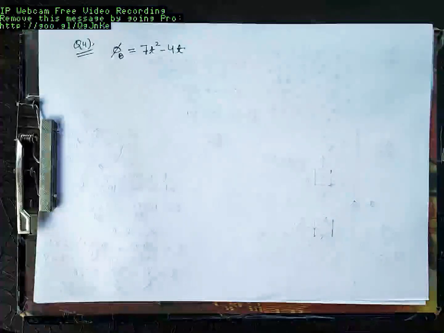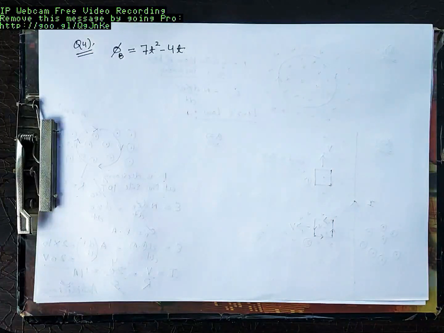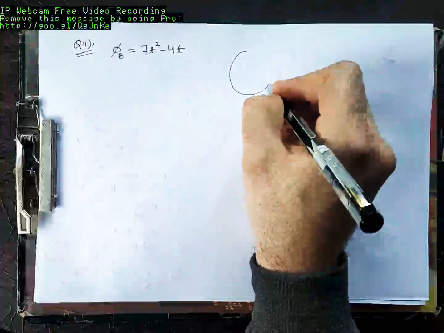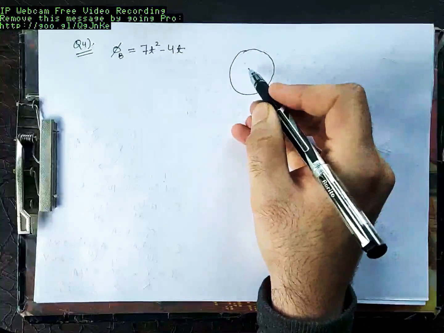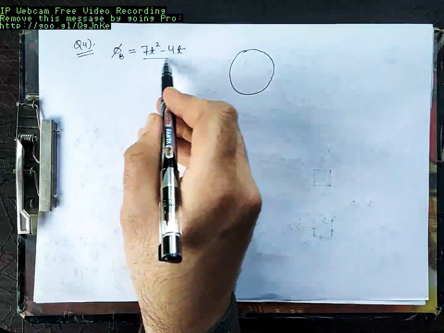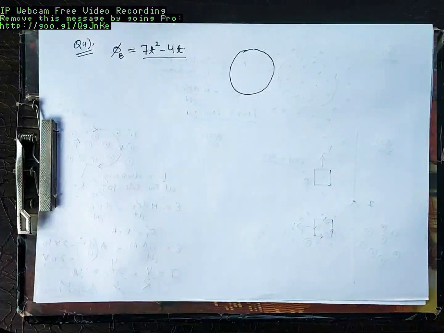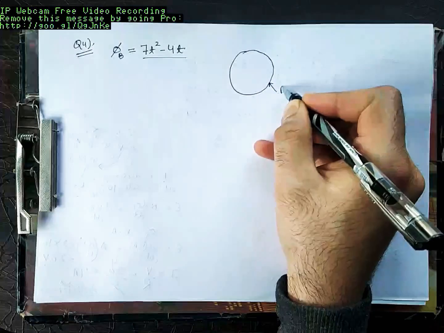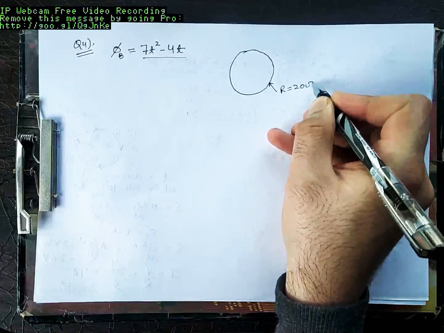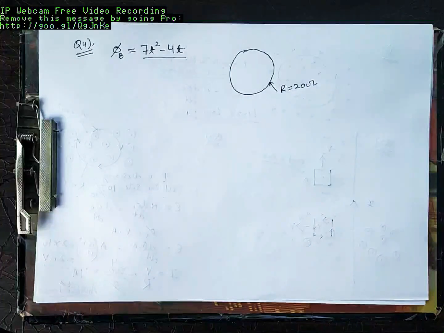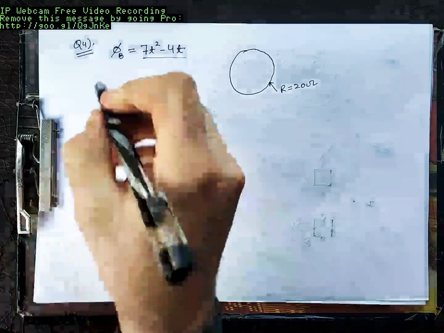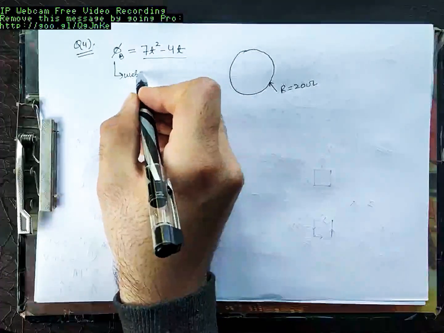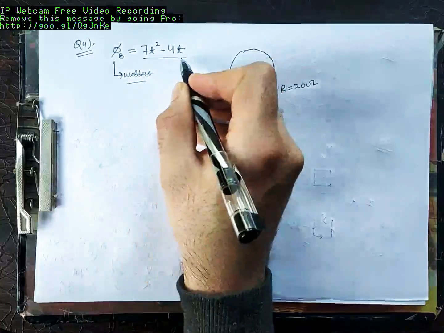This is a function of time. Let's suppose this is a closed circuit. Flux through this is 7t square minus 4t, either into the plane of the page or out of the plane of the page. That's not mentioned. This loop has resistance R equal to 20 ohms. Flux φB is in Webers and time t is in seconds.